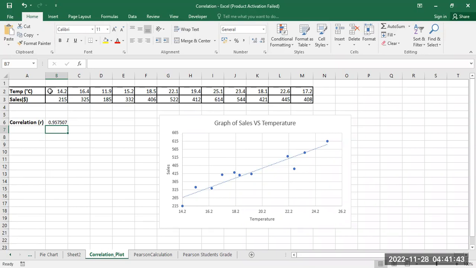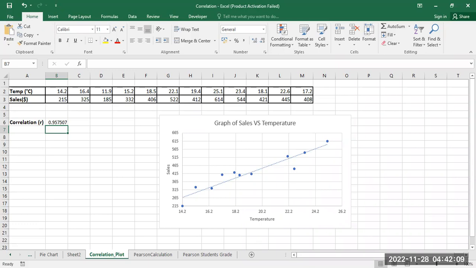You can see when the temperature was 14.2, the sales of $215 was made. But when the temperature was 18.5, which is higher than 14.2, sales of $406 was made. So you can see how important all these statistical measures are in helping us analyze the bivariate relationship between two data.